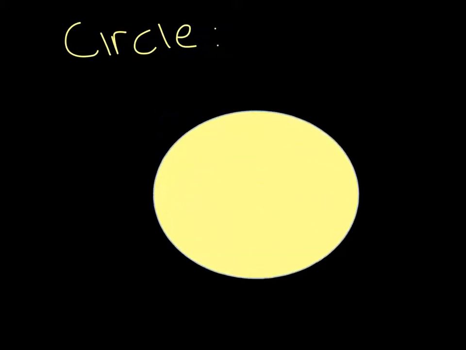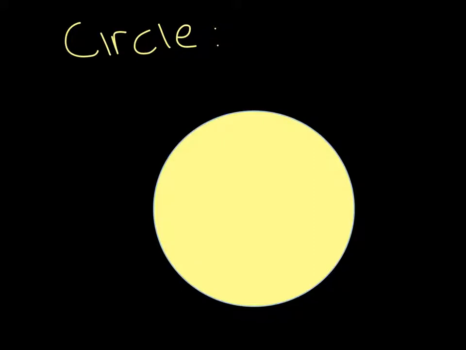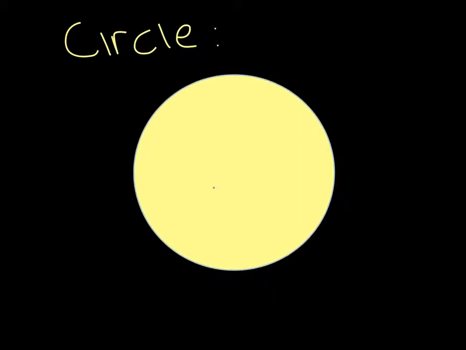To quickly review the circle, we're going to draw a circle here. Perfect. Don't like the color of that circle. Let's see if we can make it. That's okay.